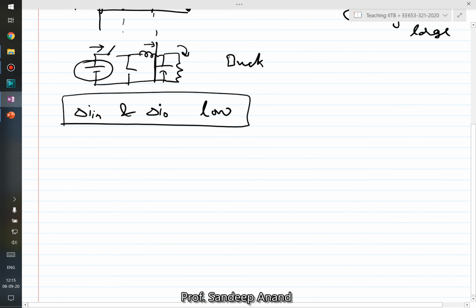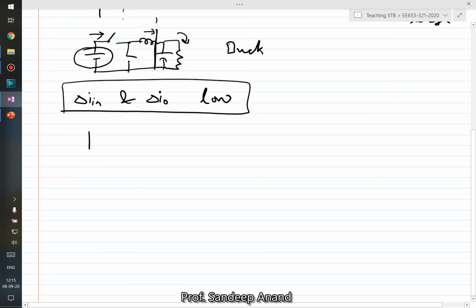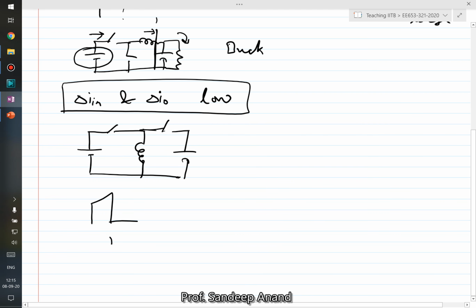If you see buck boost, that is in a way even worse in this aspect, because you see both input and output current. Input current is like this and output current is like this. When I say output, again I'm referring to this as I_O and this as I_in, right? If you see, both currents would have large ripple.